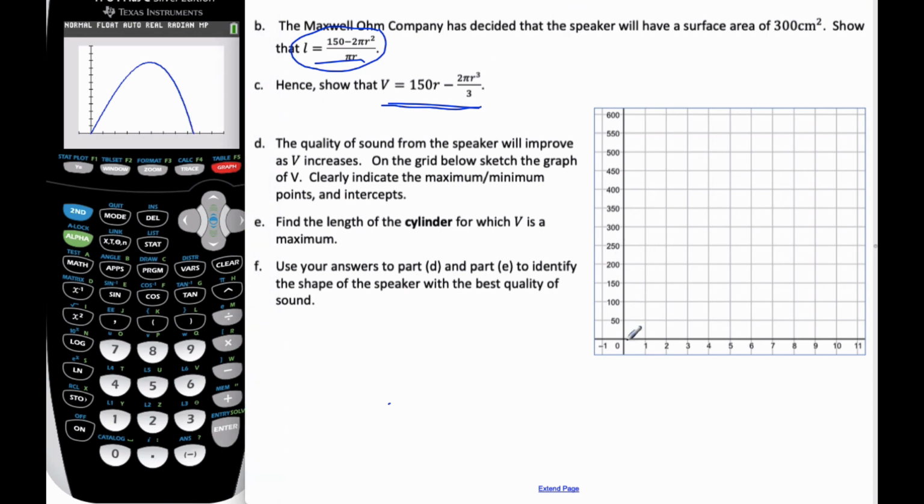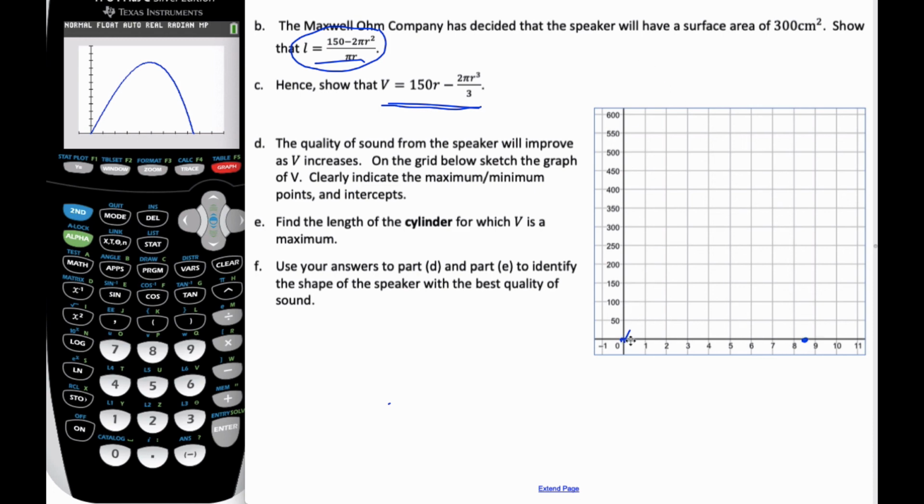Now, this is always tricky to do with the pen. I know this is 11, so that's 10, that's 9, that's 8. It should be between 8 and 9, so let me try that again. So it's going to go between 8 and 9.